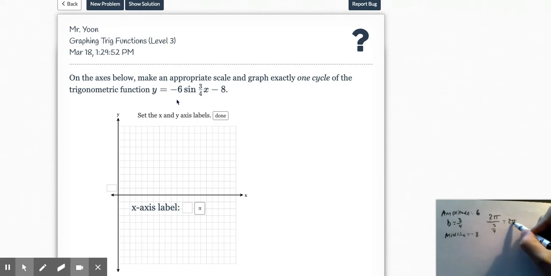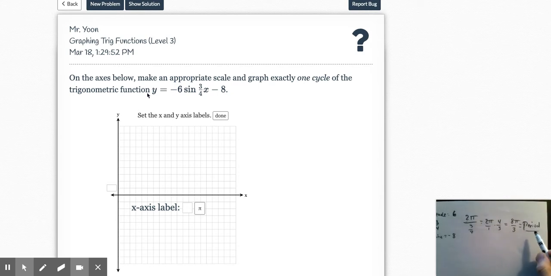You write it as 2 pi times the reciprocal. And the period, therefore, will be 8 pi over 3. So that's kind of an odd number to deal with, but it's okay when we do these delta math exercises. So this is going to be the period.